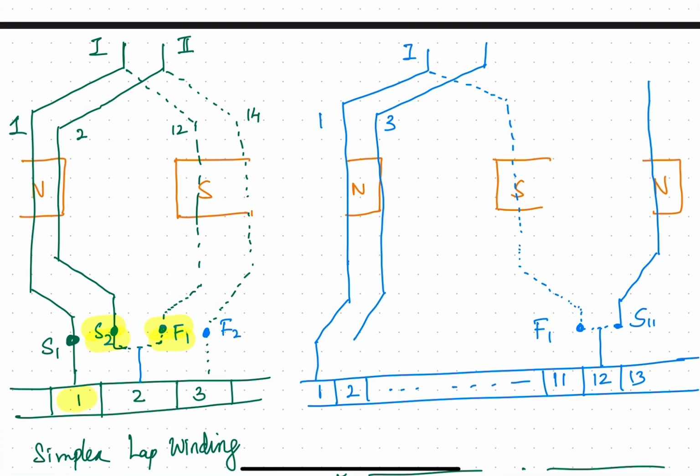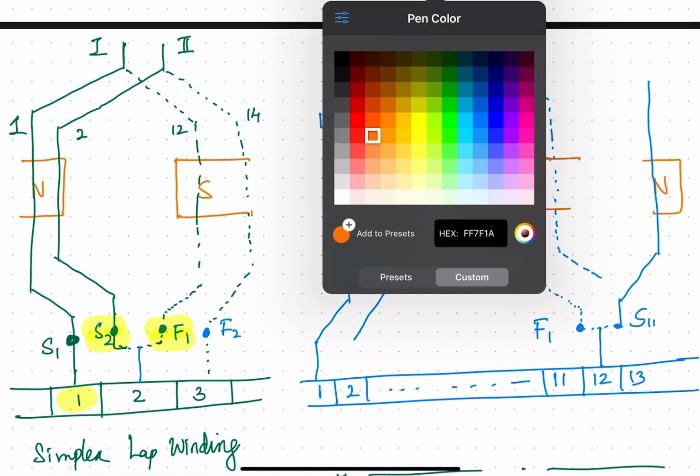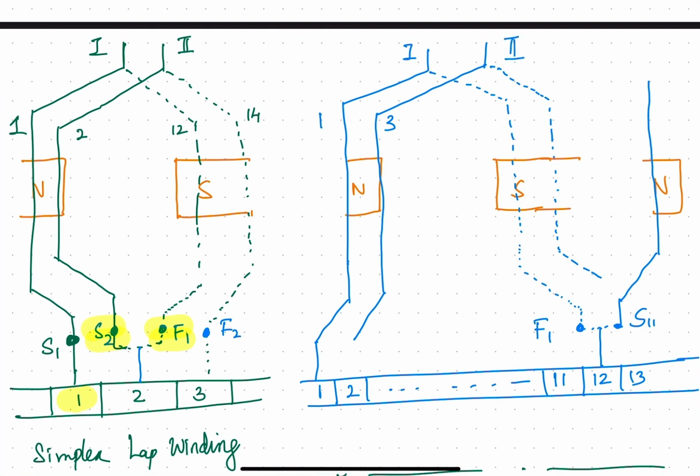Okay, so then you have this going under the south pole here. Okay, so this is going to be for the coil number 2. Okay, so this is how the simplex lap and the wave windings are different.